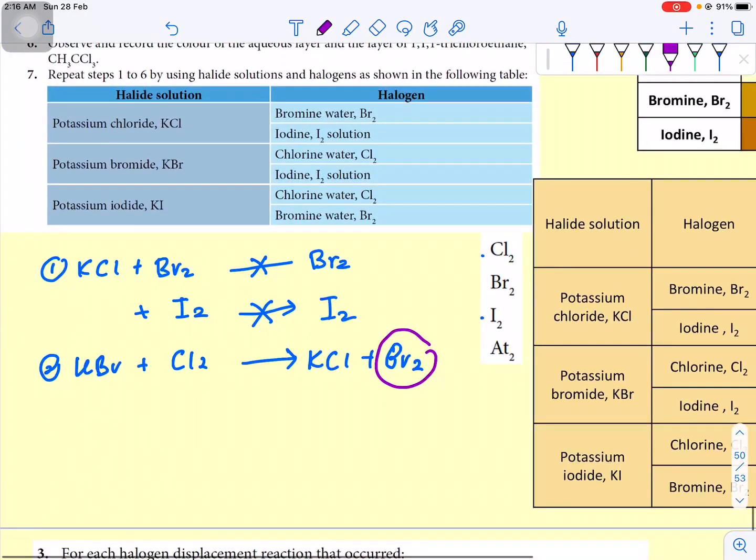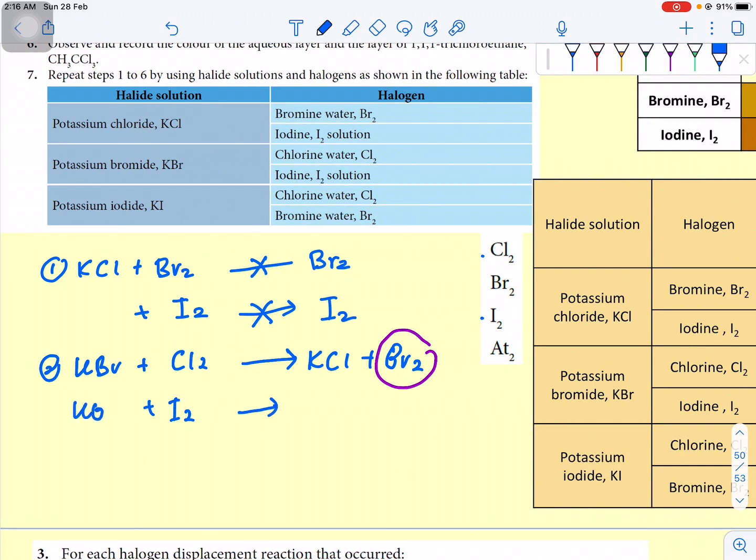Okay. And then potassium bromide plus with iodine. Br and I. So boleh tak I tendang Br keluar? So I duduk bawah. So jawapannya cannot.